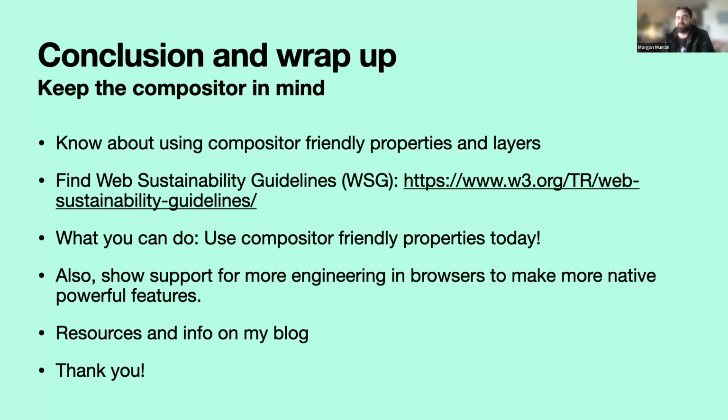So let's continue to wrap up and start to conclude. You can understand that there are compositor-friendly properties that work with layers to reduce the workload of certain things on the main thread. You can find resources, and my preferred one happens to be the Web Sustainability Guidelines, which all speak a broad message of avoiding overburdening your website.